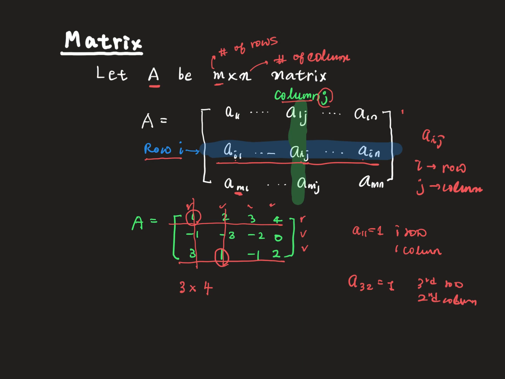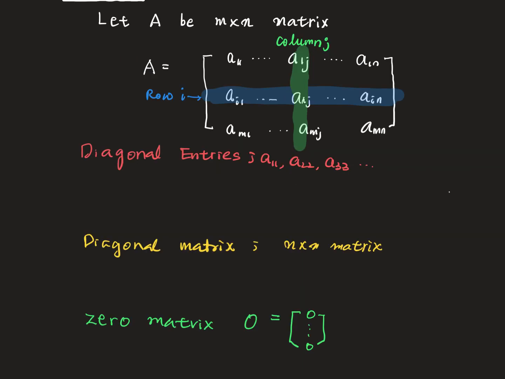A couple of terminologies in matrices. When we talk about a matrix, there is the number of rows and the number of columns. Let's say this is row I, column J. What is meant by a diagonal entry? A diagonal entry is where I and J are the same.